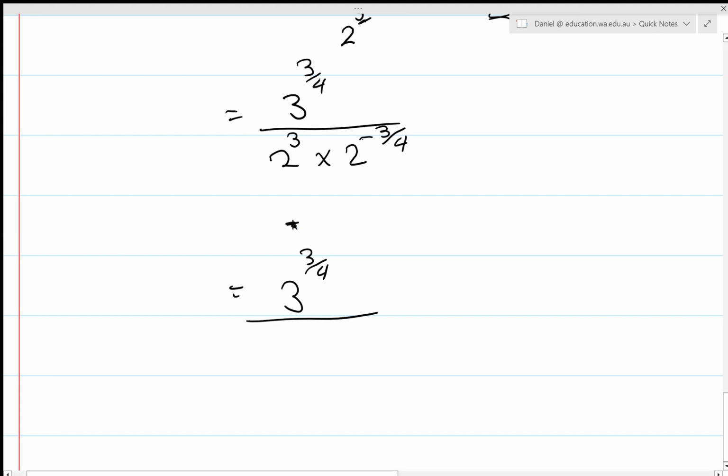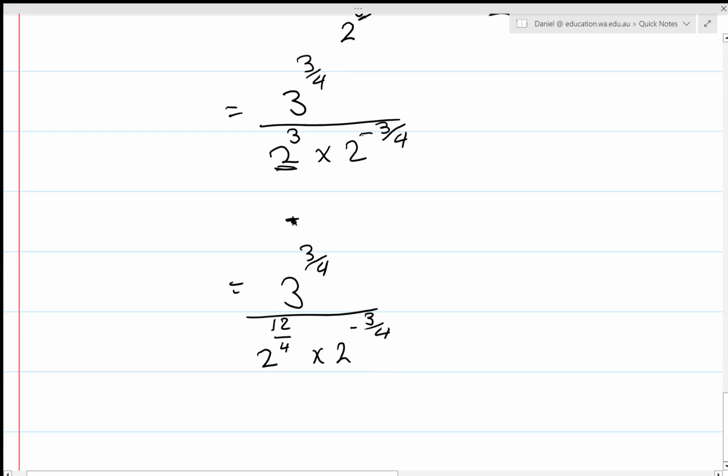I want the same base on those indices, so I'm going to go 2. I know 3, I want it to be over 4. So I know it has to be 12, because 12 divided by 4 gives me that 3 that I need there. I'm going to times that by 2 to the negative 3/4.